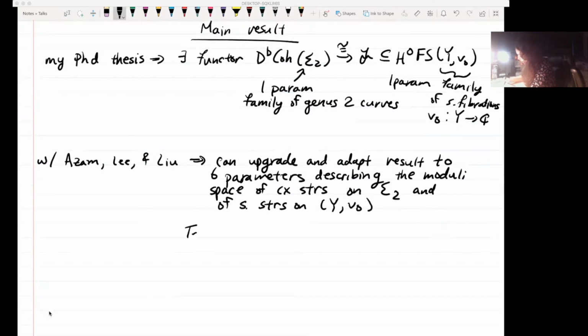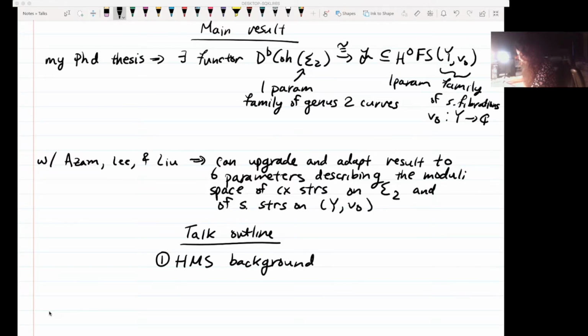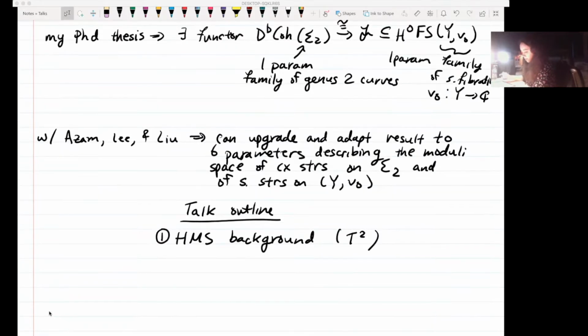So the outline for today is 3 parts. I'll give some background on homological mirror symmetry by example. So I'll be doing the elliptic curve. And this example is important for understanding what follows, which is why I'm starting with it.